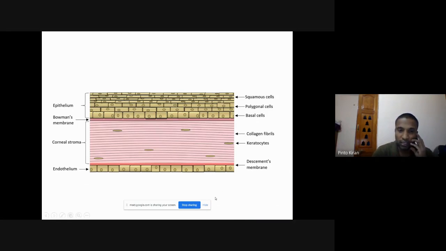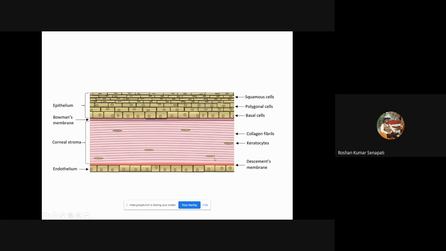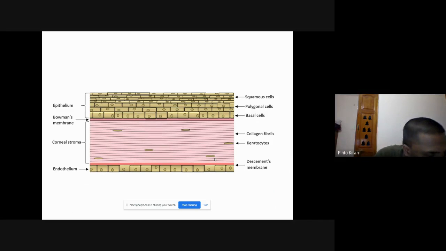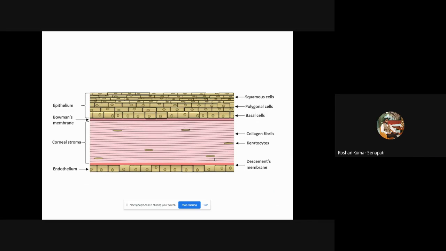To continue, this is the stroma, this is the Descemet membrane. Next to the Descemet membrane, a layer has recently been discovered, that is the pre-Descemet layer.